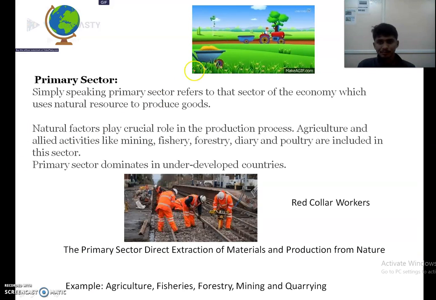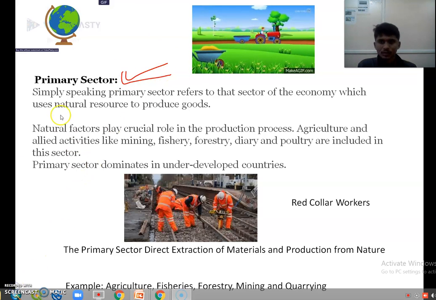First is primary sector. Simply speaking, primary sector refers to that sector of the economy which uses natural resources to produce goods. Natural factors play crucial roles in the production process. Agriculture and allied activities like mining, fishery, forestry, dairy and poultry are included in this sector.